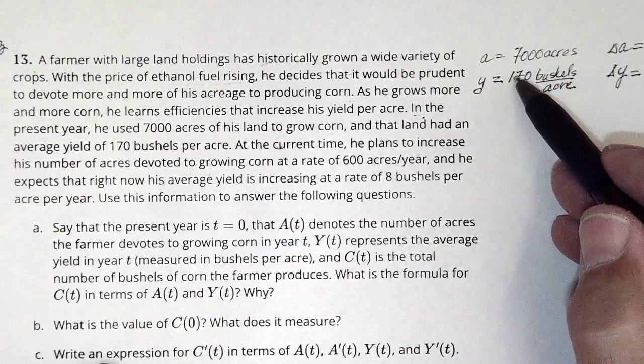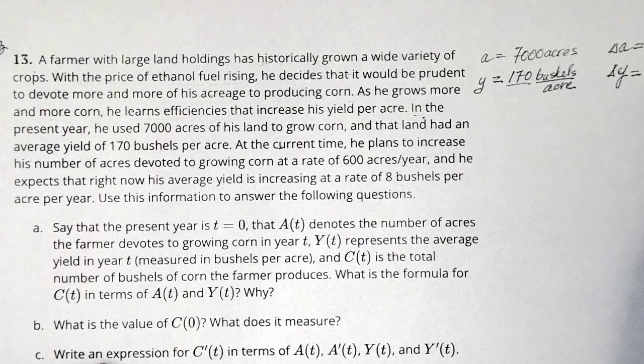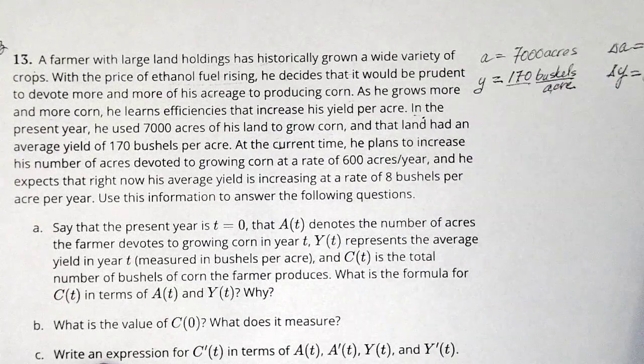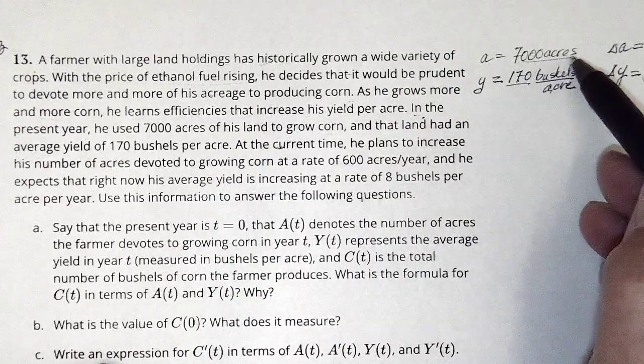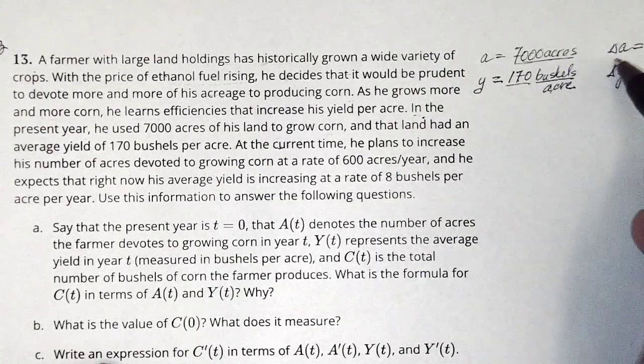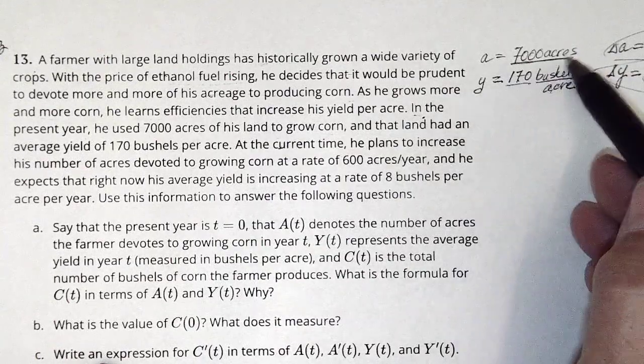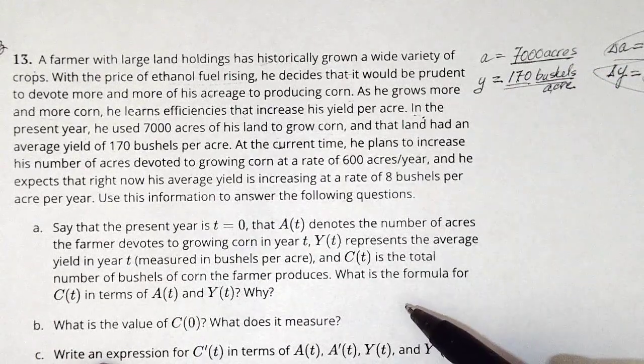So this is how many bushels per acre, and this is going to be the bushels per acre increase per year. So this is the rate of increase in the bushels per acre, and this is the rate, acres per time, the increase in the number of acres. So the rates of increase are the changes, and this is how much there is currently.